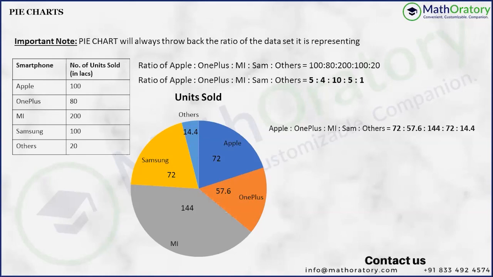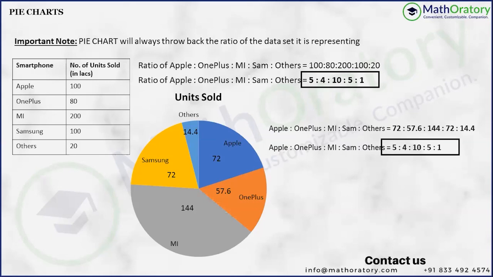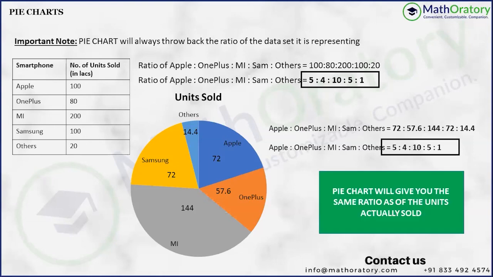When we convert it into the lowest form, we get nothing but 5 is to 4 is to 10 is to 5 is to 1, which is the same ratio as the actual number of units sold. So that clearly means what? It means that from a pie chart we can figure out the ratio of all the companies in their actual format. So pie charts will give you the same ratio as the units actually sold in this particular case.